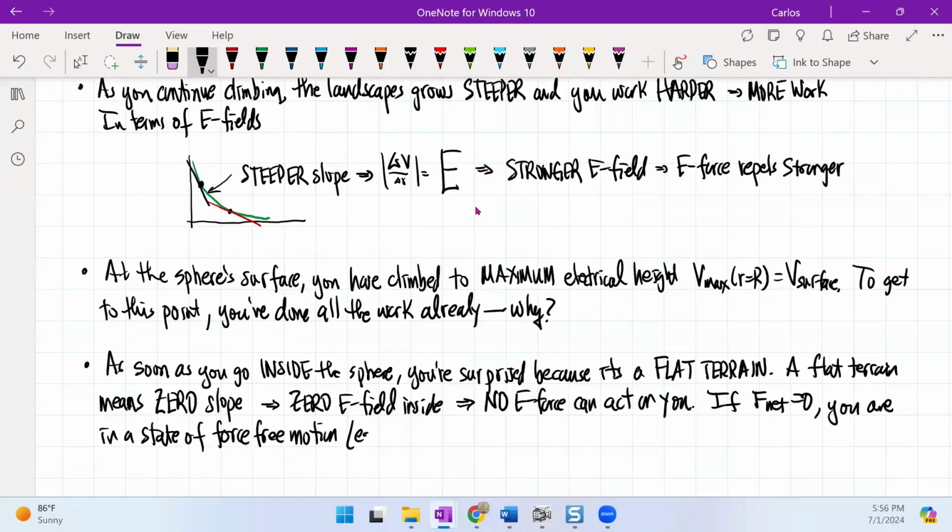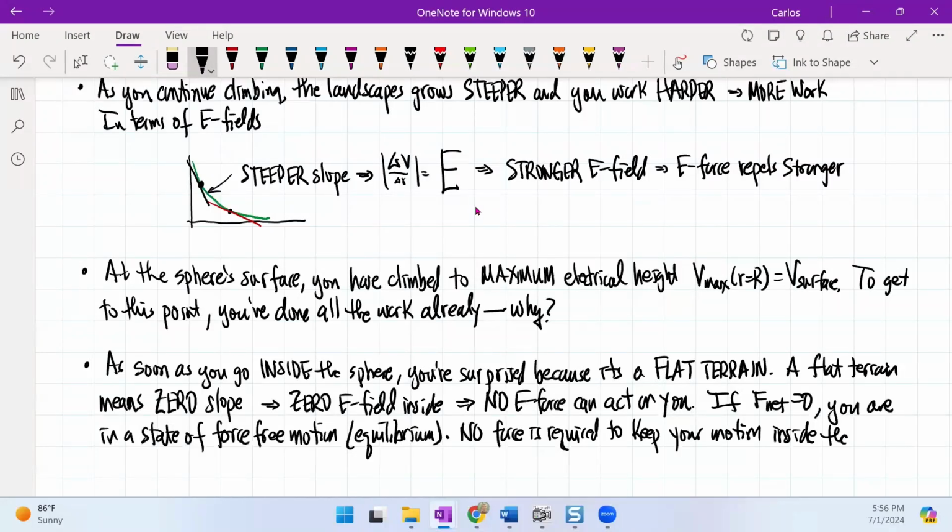Sometimes this is called equilibrium motion, which means that you are either at rest or moving at constant velocity. So no force is required to keep your motion inside the conductor.